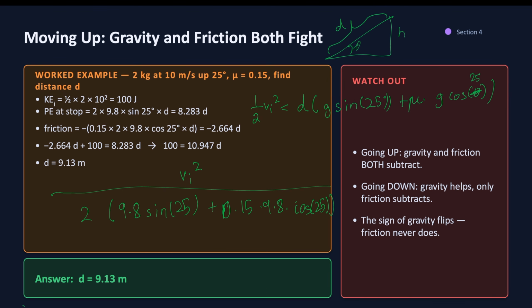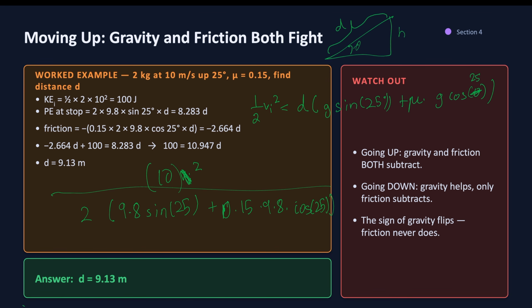So these problems get very tricky very fast. Velocity initial here is 10 squared, so 100 divided by 2 times 9.8.